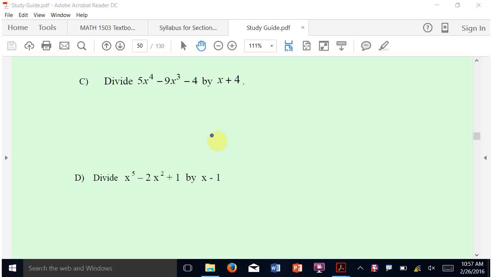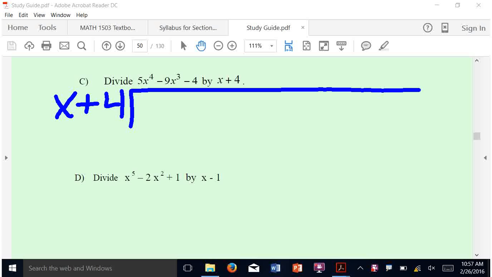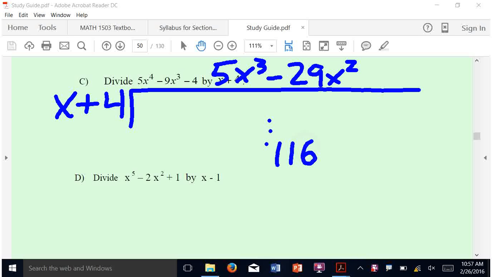Okay, so we had x plus 4 divided by, we had gotten so far 5x cubed and a minus 29x squared, and then we had gotten to the point where we had 116x squared plus 0x minus 4.